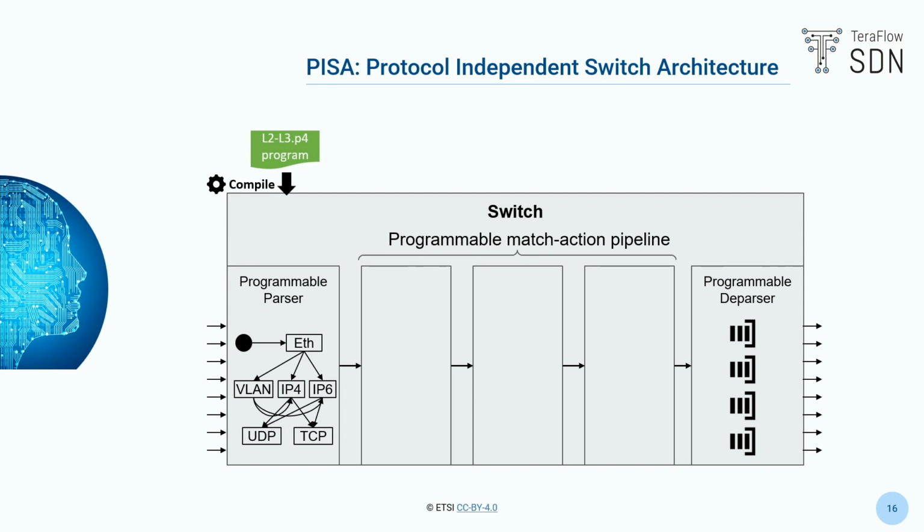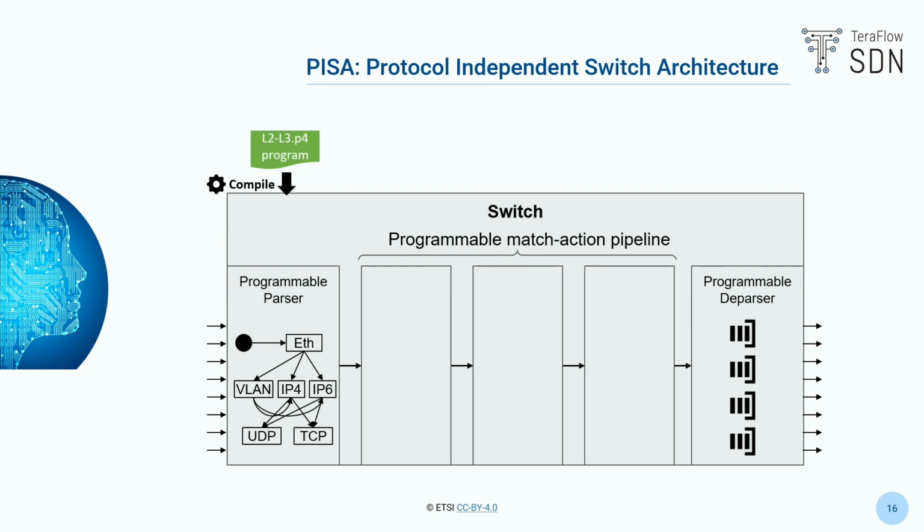In this case, we have Ethernet, IPv4, IPv6, VLAN, UDP, TCP, and what are the interdependencies between those? So how you can create packets out of those different headers in an arbitrary way. So this way, we have a dynamic parser that you compile after your program.